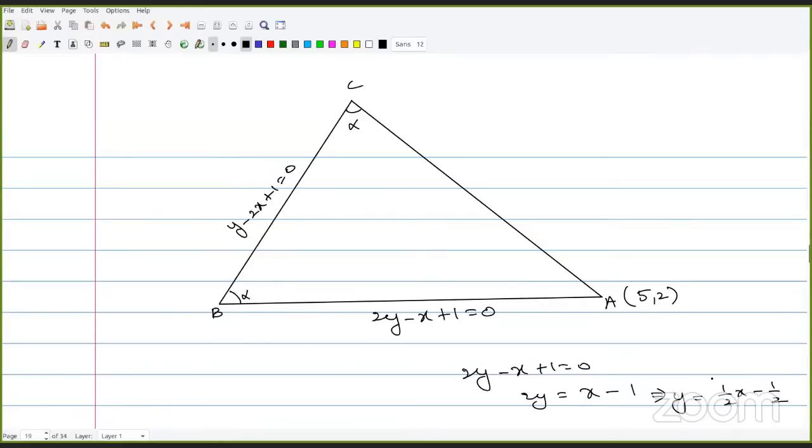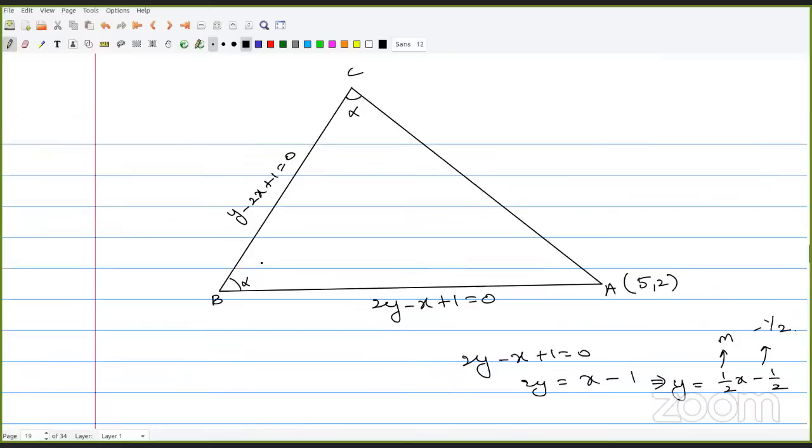Now it is in the form of y is equal to mx plus c, where m is half, c is minus half. Therefore, the slope of AB is half. And option A is given as the slope of the line segment AB is half, so it is true.